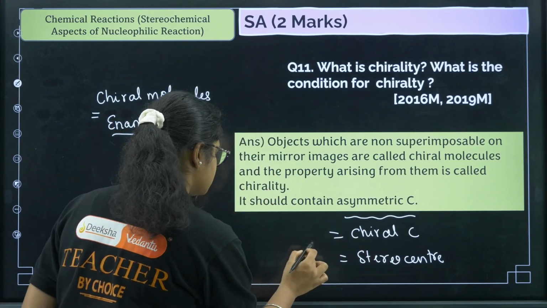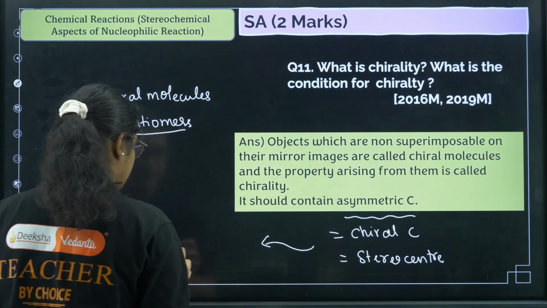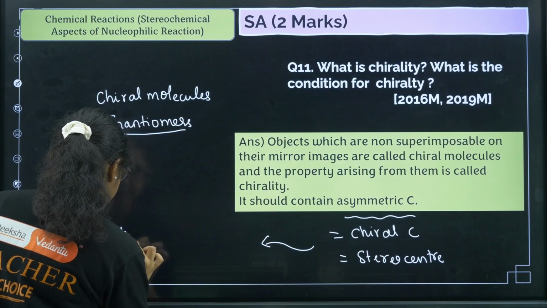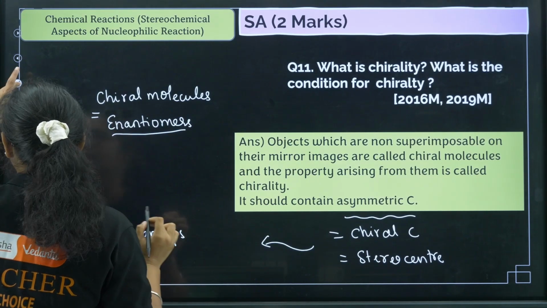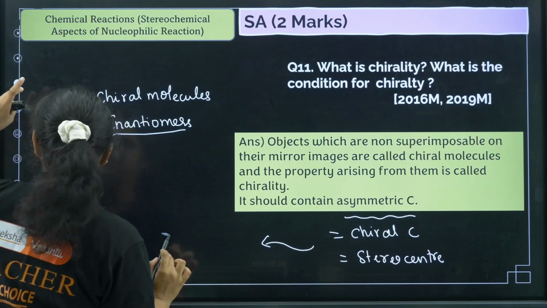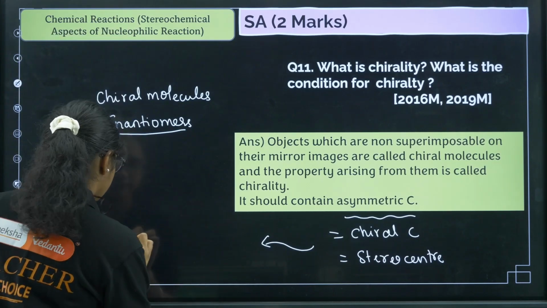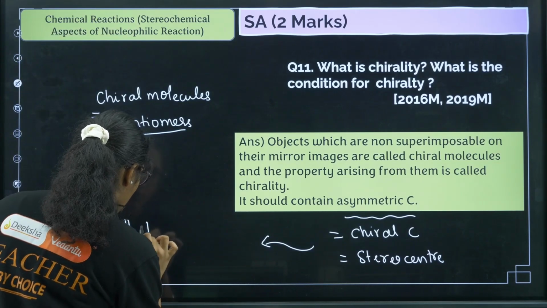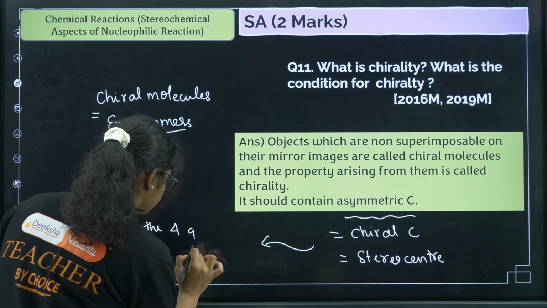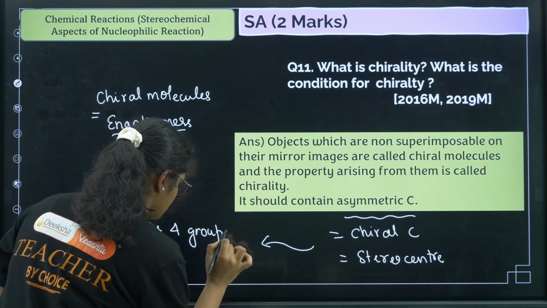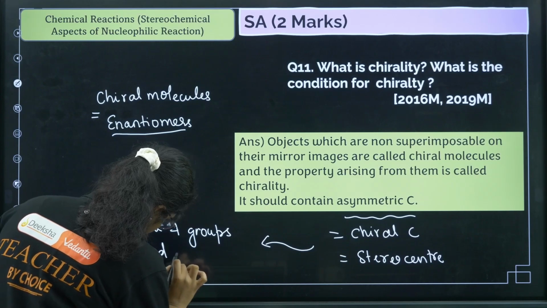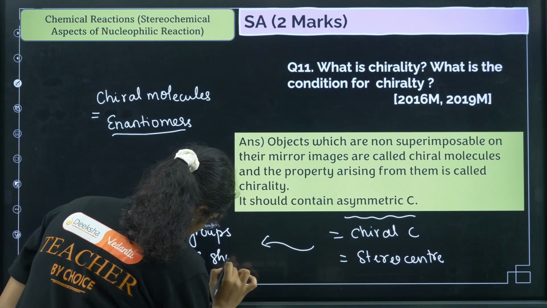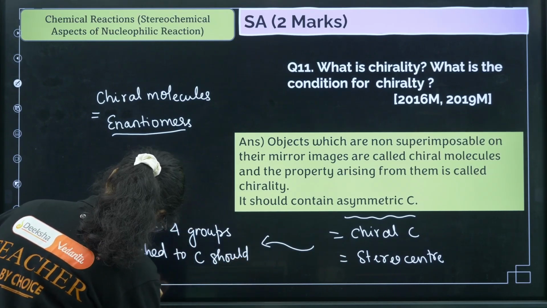Now what is the definition of this one? What is chiral carbon or asymmetric carbon or stereocenter? All the 4 groups attached to carbon should be different.